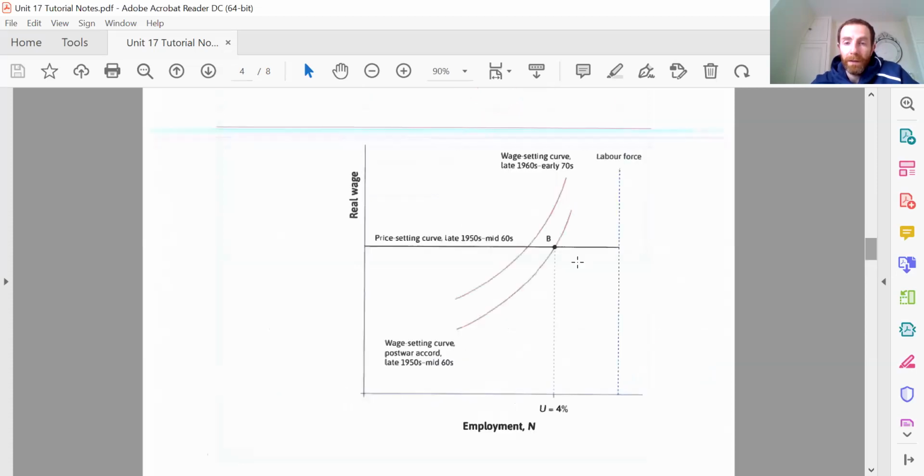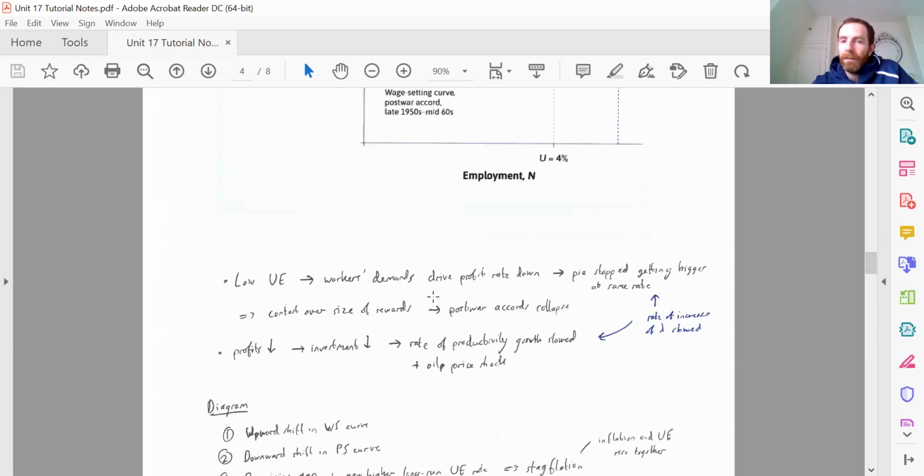And what we see in the diagram here is that the wage setting curve, in the late 60s and early 70s, is higher than it was earlier. As we expect, if workers are demanding more, they're feeling more secure in their jobs, the wage setting curve is going to shift upwards. So that led to the profit rate of firms being driven down. Why?